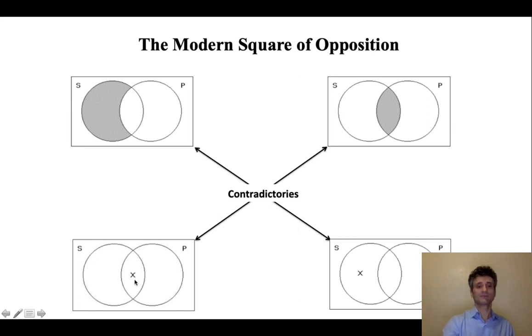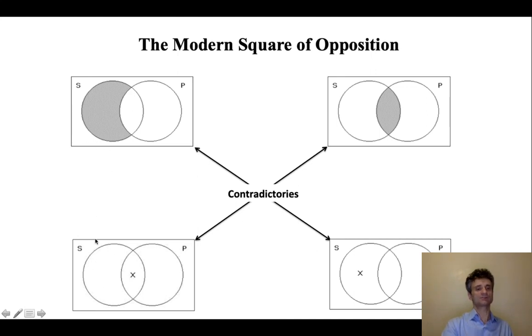But remember that by subalternation, the truth of the universal implies, by logical necessity, the truth of the particular. But in this case, as I demonstrated, A can be true and I can be false. Consequently, subalternation no longer exists.